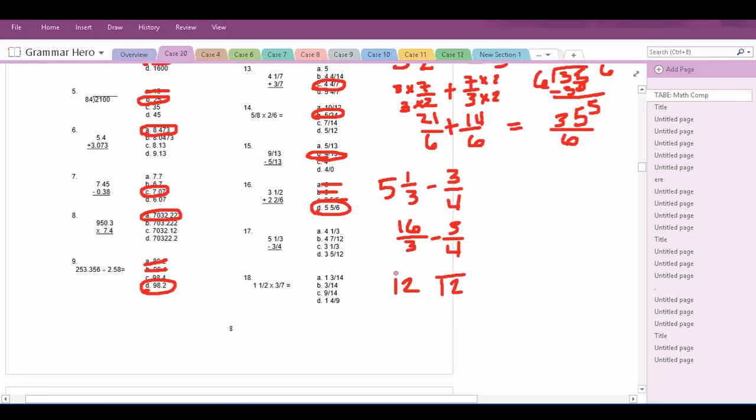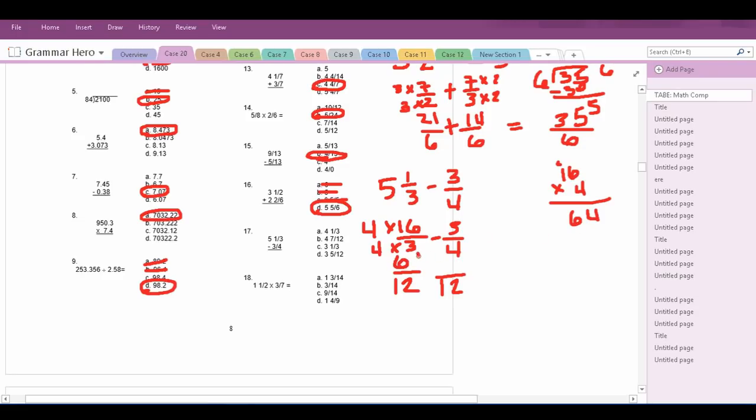Both go into 12. To get 3 to 12, we multiply 3 by 4. So what we do at the top, we have to do to the bottom. 16 times 4, I don't want to make a mistake, so I'll multiply it the long way. 16 times 4, 4 times 6 is 24. Okay, 4 times 1 is 4 plus 2, 6.